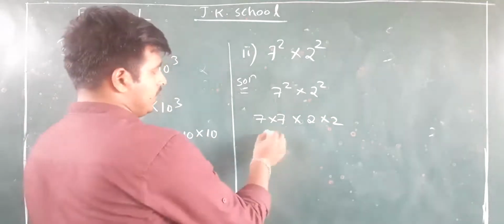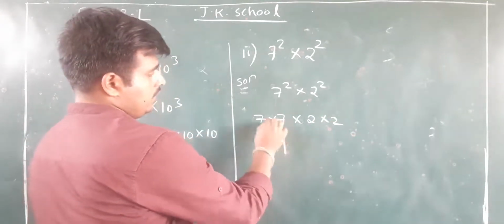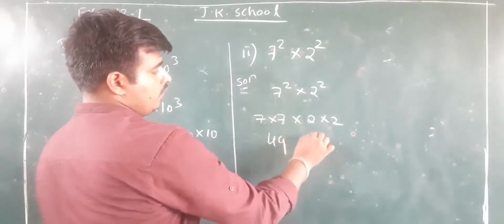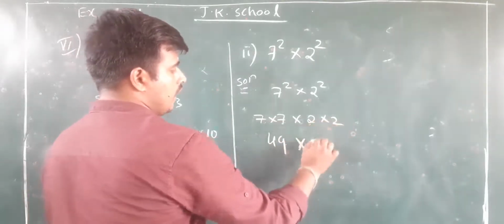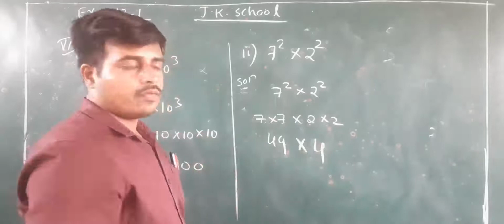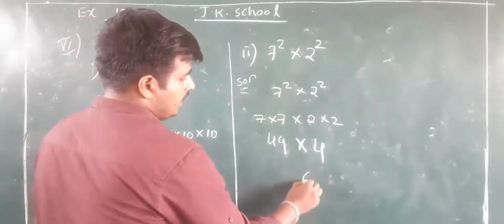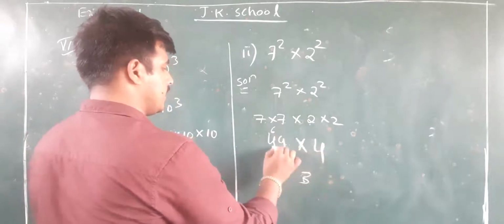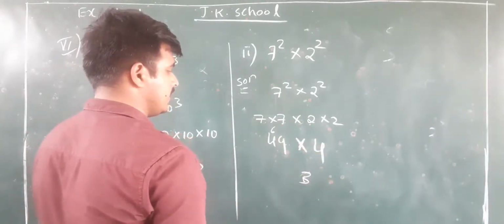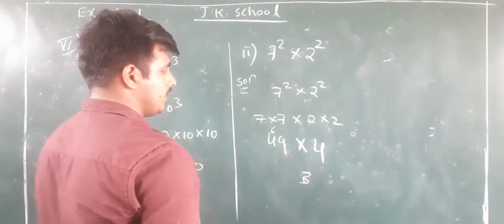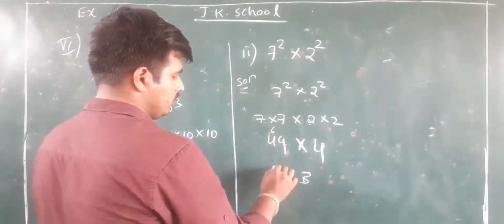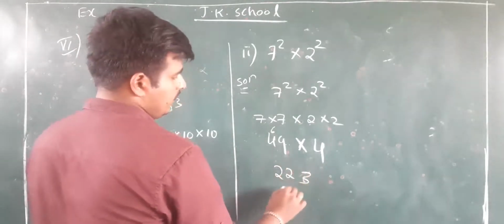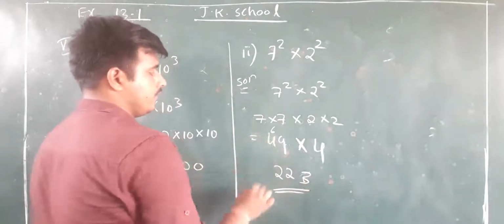So 7 sevens are 49, into 2 twos are 4. 49 into 4. 4 nines are 36, 4 fours are 16. 16 plus 6 is 22. 196 is the answer.